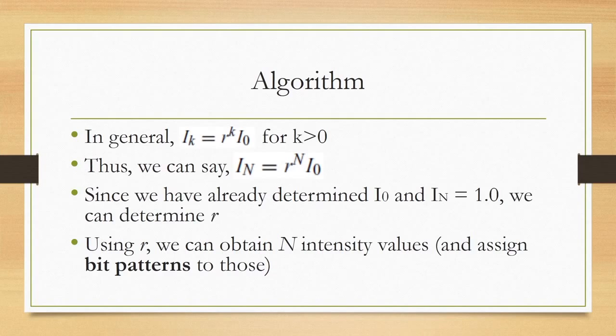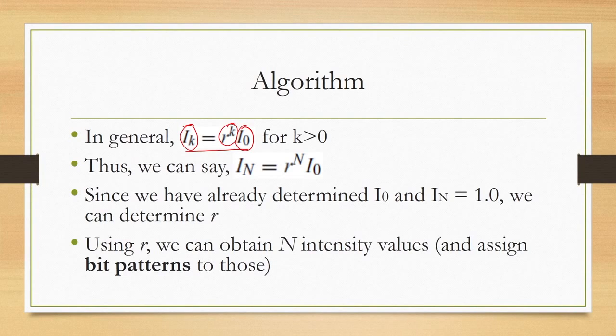So, in general we can say that this equation holds, that is I k is equal to R to the power k times I0, where I0 is the minimum intensity, for k greater than 0.